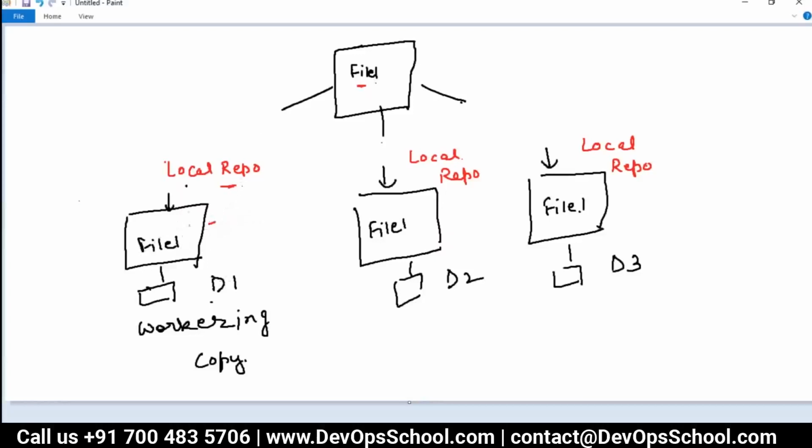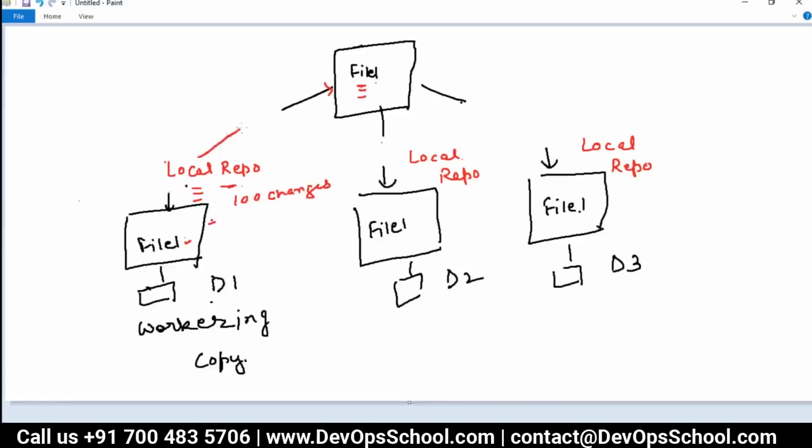Now once the developer gets this file and the code is on his machine, if he makes any changes, the changes are not going to the central machine directly. All the changes get recorded on the local repository, and whenever he feels that he has done these 100 changes, he can move them to the central repository.